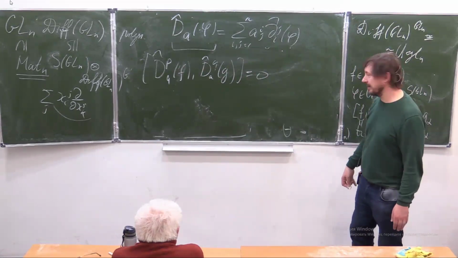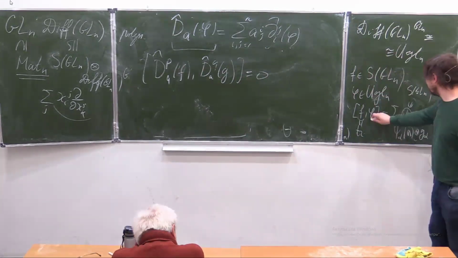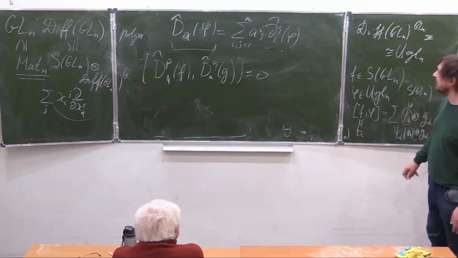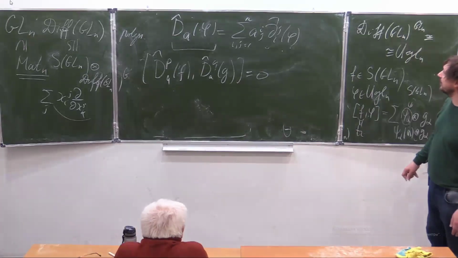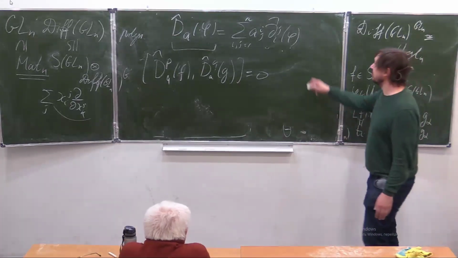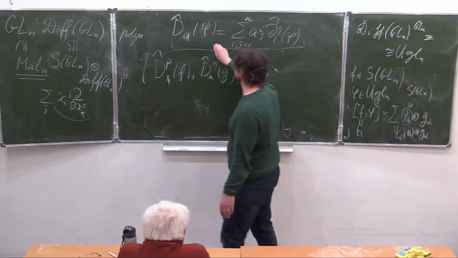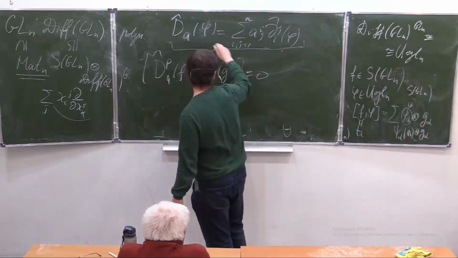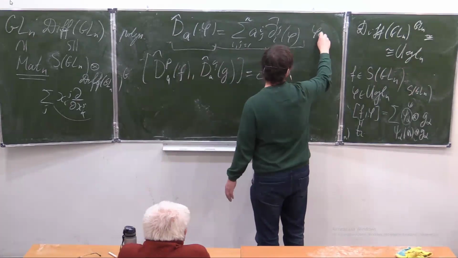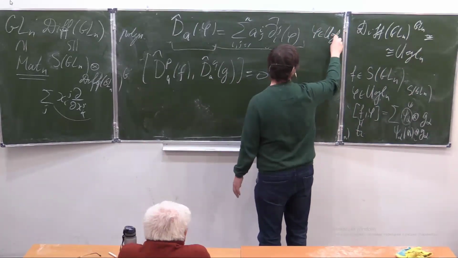So this is only for special phi that is defined like this. No, this one here is the definition of the shift operator for any phi in the universal enveloping algebra.